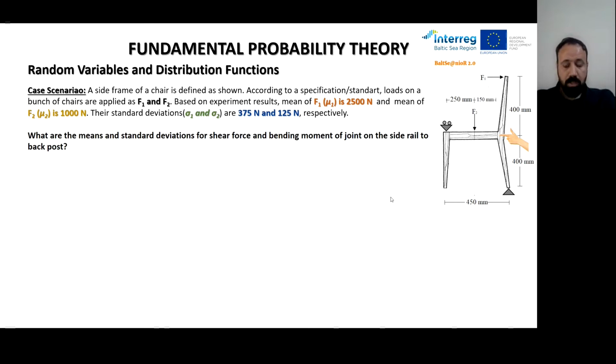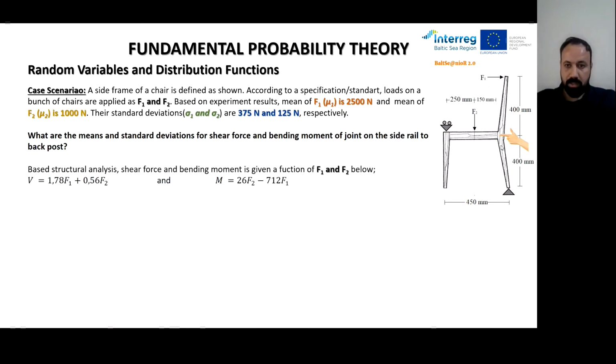For this, we need one more piece of information: what is the shear force and bending moment as a function of F1 and F2? We can get those functions with regression analysis, or you can make a simple structural analysis. I did it with structural analysis.